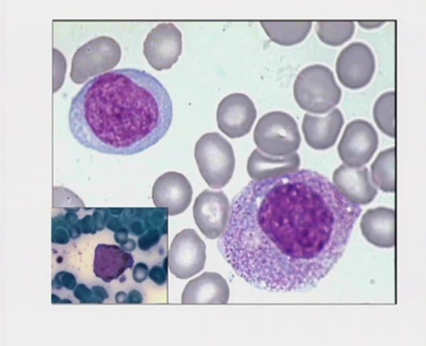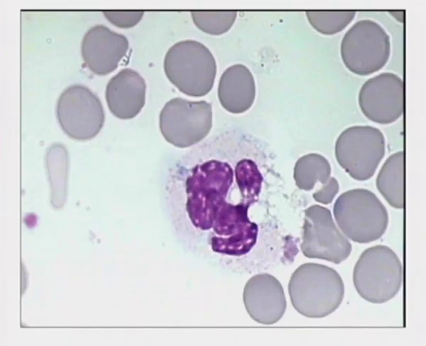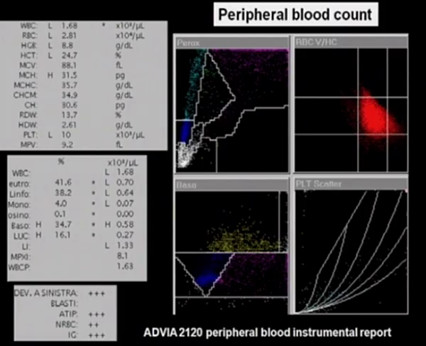the blasts. The blasts are positive to the myeloperoxidase, and here there are immature granulocytes. I want to go back. Here are the blasts, because these are high volume, positive to the peroxidase.